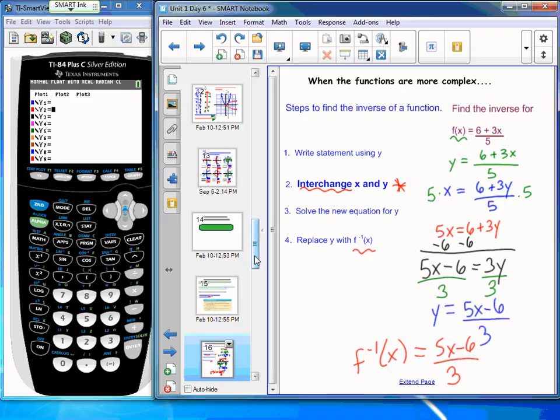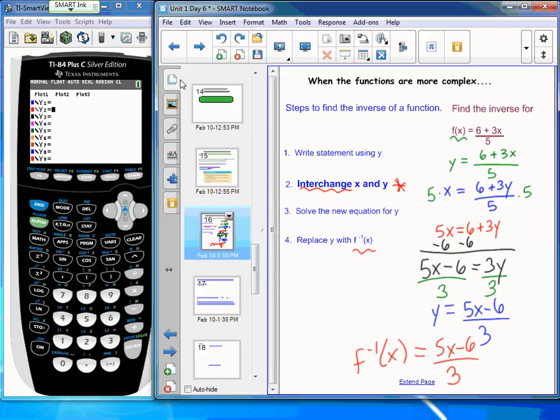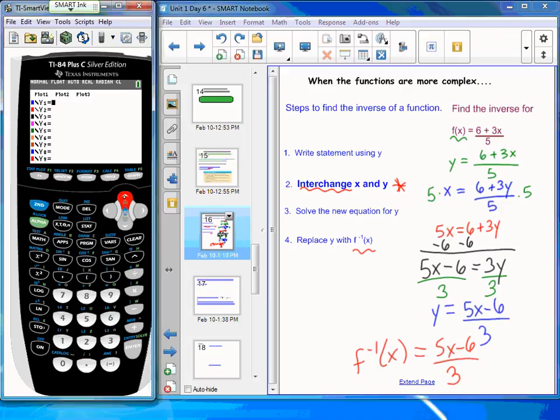Okay, so on my emulator, we're going to go ahead and enter my original function. I'll do that in blue. So that was quantity 6 plus 3x, close quantity all over 5.